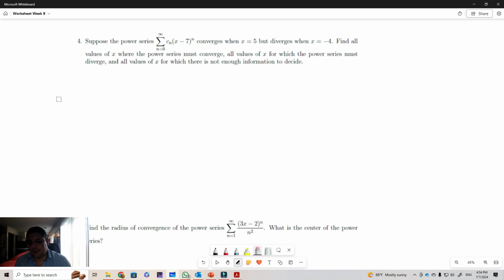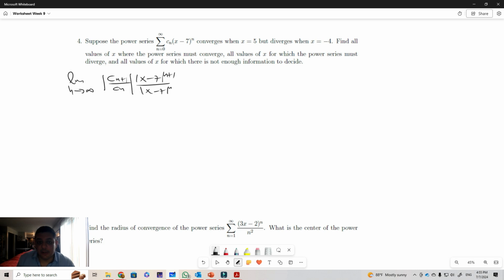So first of all, we're going to work with the information that we have. Let's use the ratio test to establish something. So we get the limit when n goes to infinity of Cn plus 1 over Cn times x minus 7 to the n plus 1 over x minus 7 to the n.